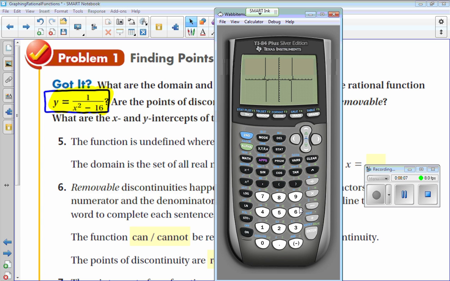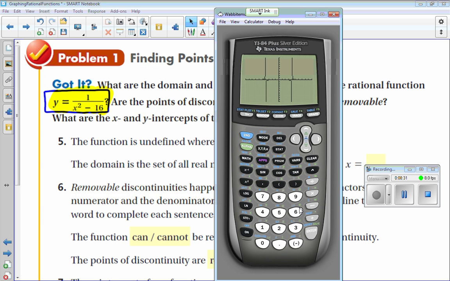The calculator sometimes is really good at seeing things, and sometimes it's not so great at seeing things. Asymptotes do not show up on the graph, okay? Here's one of those cases where it's really kind of hard to see what's going on. But I'm going to show you in a graph really what is going on, and you're going to have to do this on your graph paper here, okay?